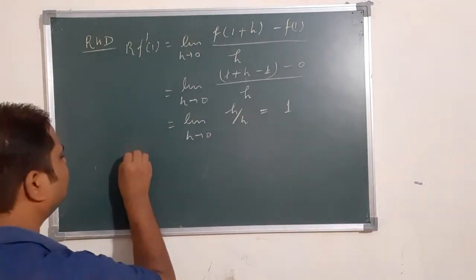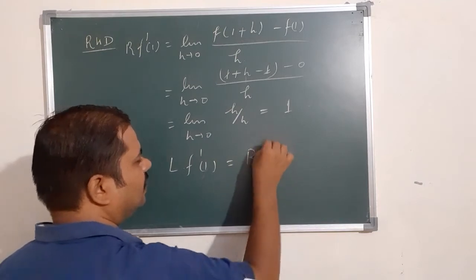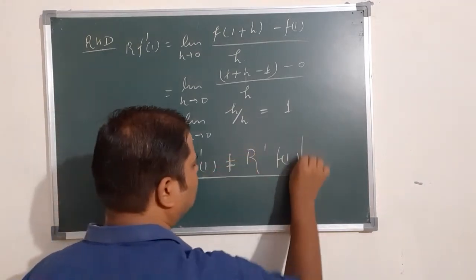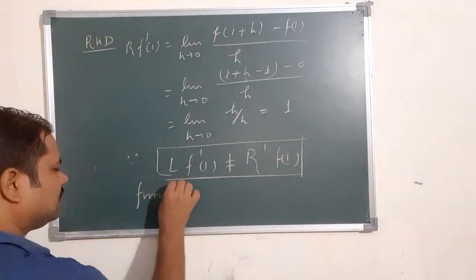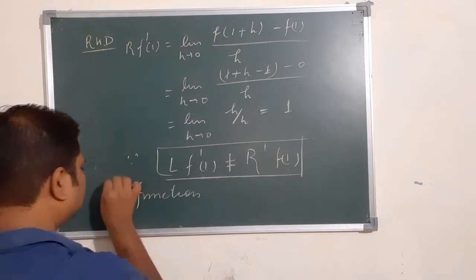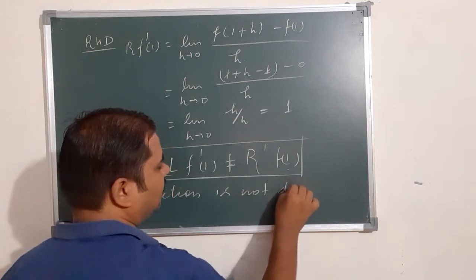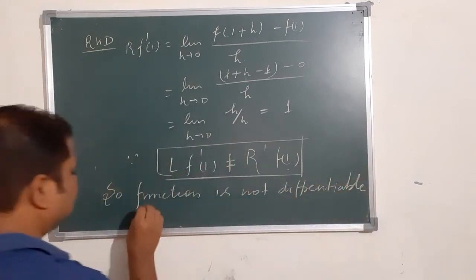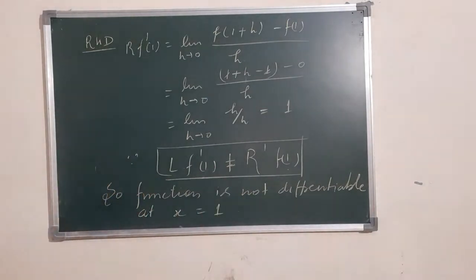Since the left-handed derivative at 1 and the right-handed derivative at 1 are not equal, the function is not differentiable at x = 1. So this is the solution of this particular question. So let's see the next one.